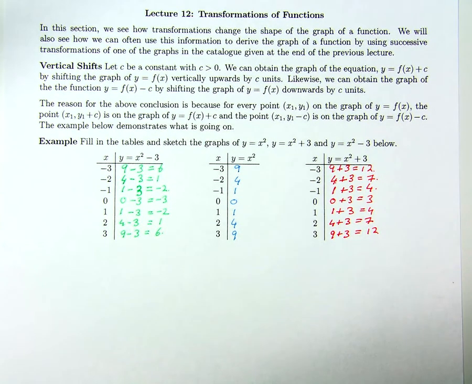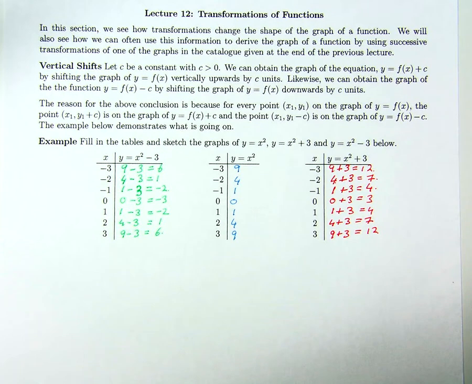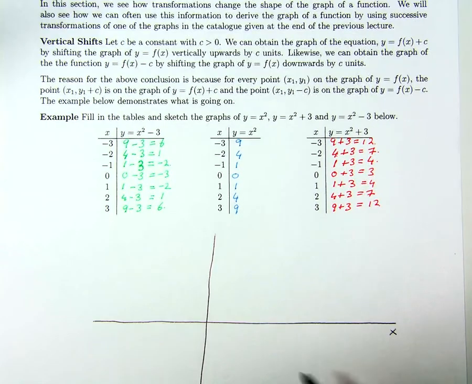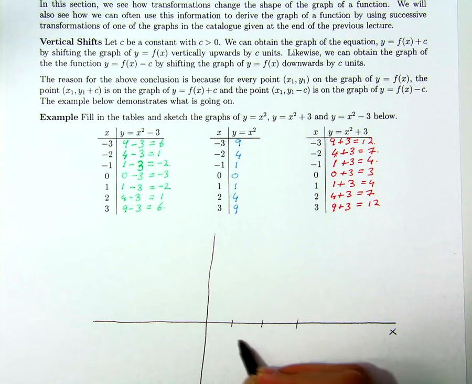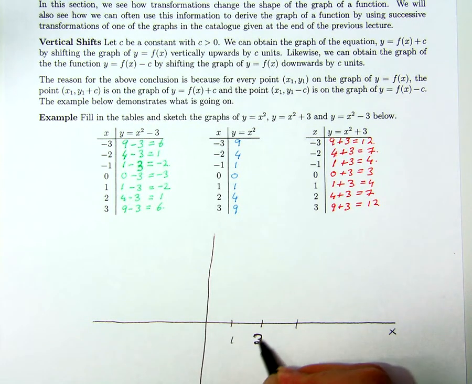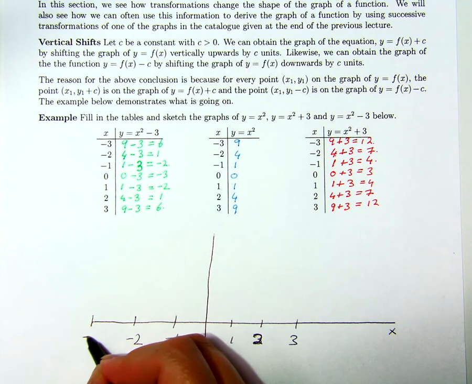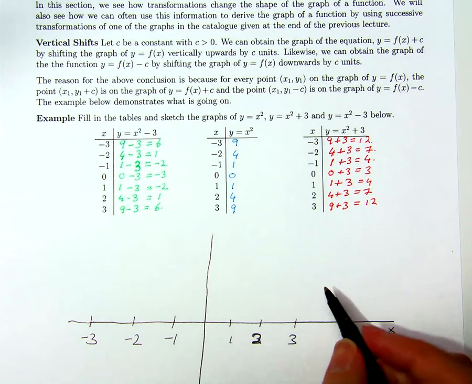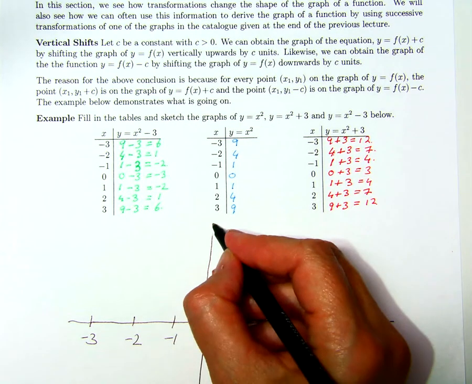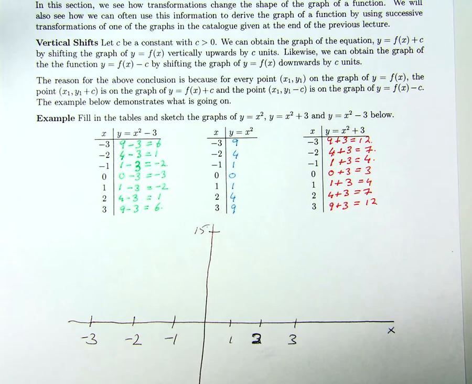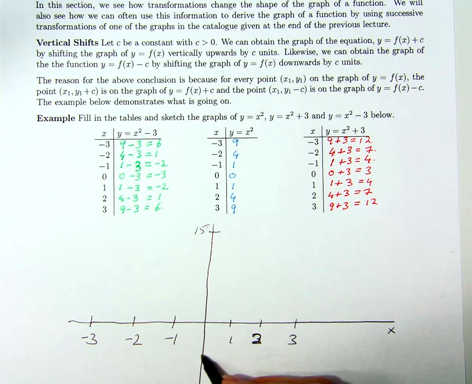And let's draw all three graphs on the same axis, just to get a picture of how they're related. So we have our x values running from -3 to 3, and our biggest y value here is 12, so I'm going to make maybe 15 my highest y value here.